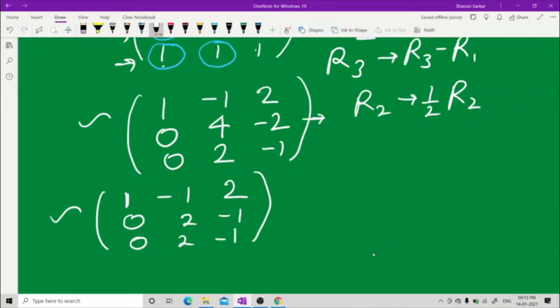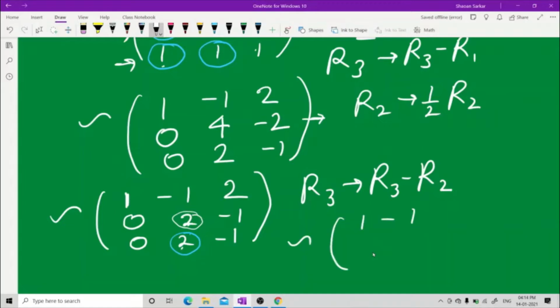Now the objective is to make this 0. So R3 is replaced with R3 minus R2, because there is a 2 here and a 2 here also. I do this operation and get 1, -1, 2, 0, 2, -1, 0, 0, 0.